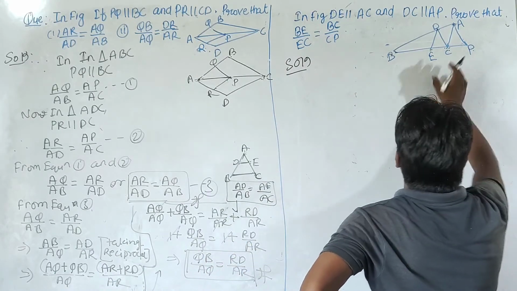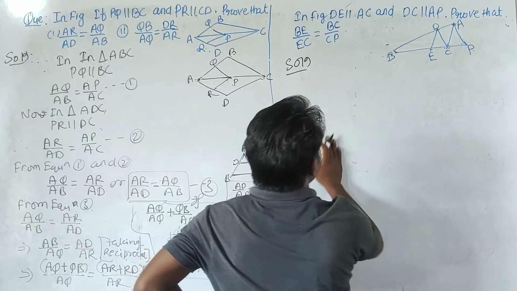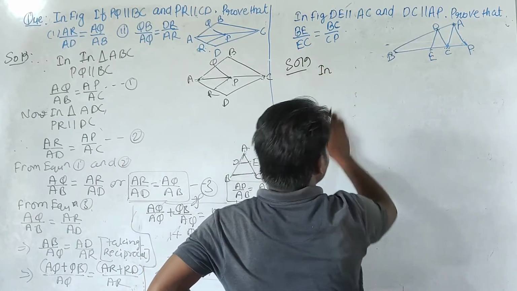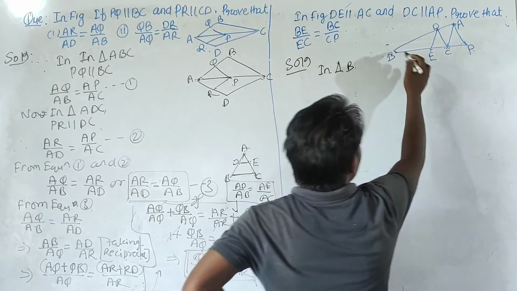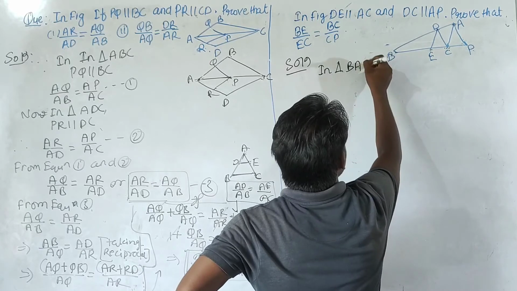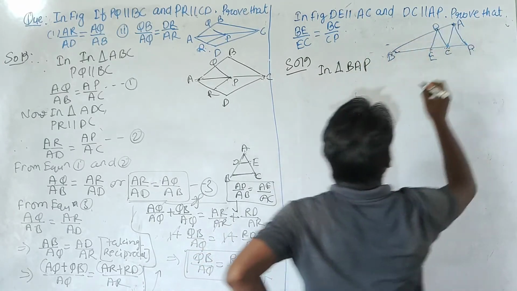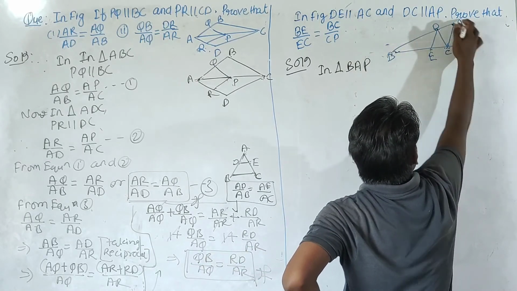Now in triangle BAP, because DC is parallel to AP, pay attention, DC parallel to AP.